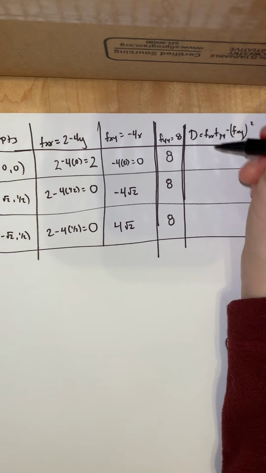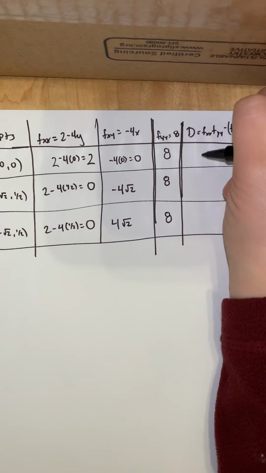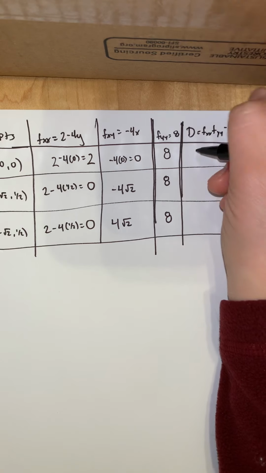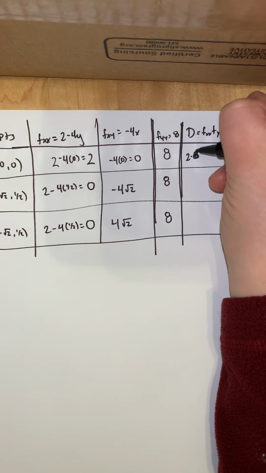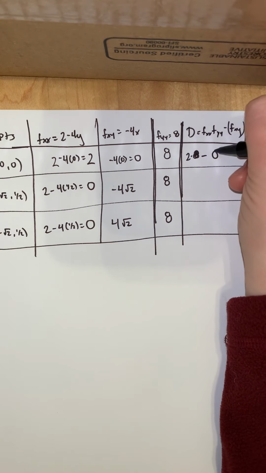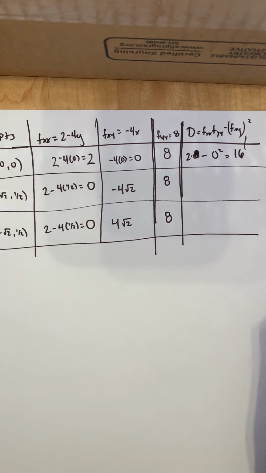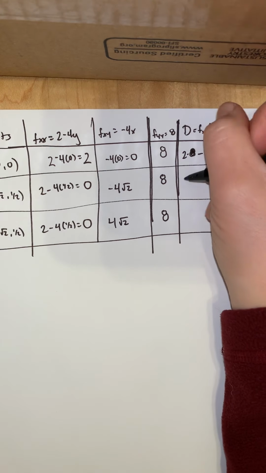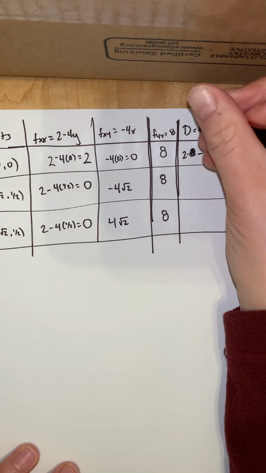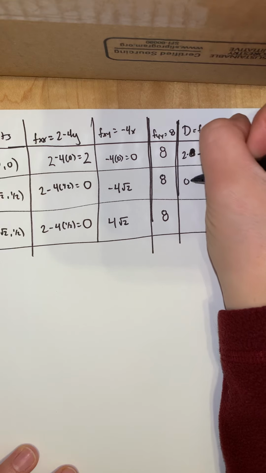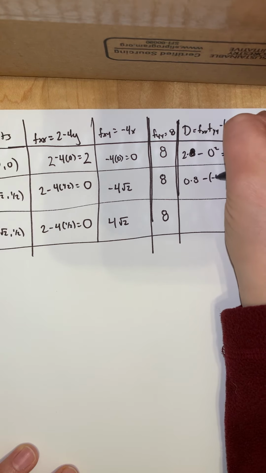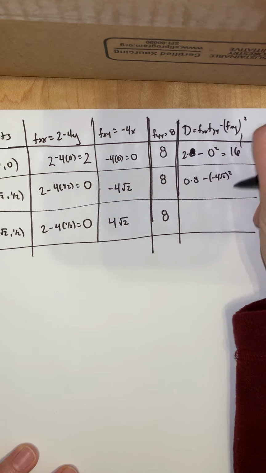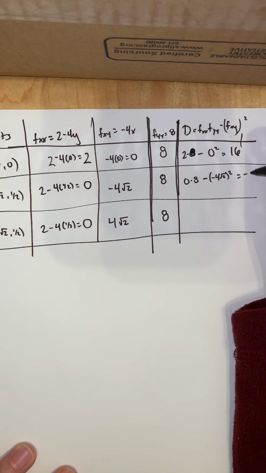Now for my discriminant, I've got fxx fyy, so 2 times 8 minus 0 squared, which is 16. Here I'm looking at 0 times 8 minus negative 4 root 2 squared, which is negative 16 times 2, so negative 32.